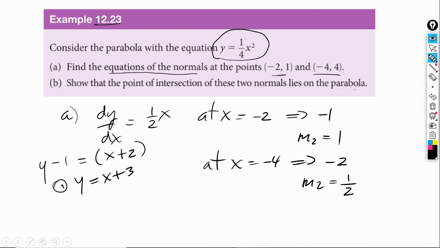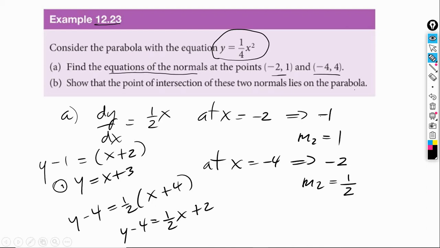For the second case, we're going to have that y minus 4 is equal to 1/2 times x minus -4, so x plus 4. So then that means that y minus 4 is equal to 1/2 x plus 2. So y is going to be equal to 1/2 x plus 6. So these are the two equations.